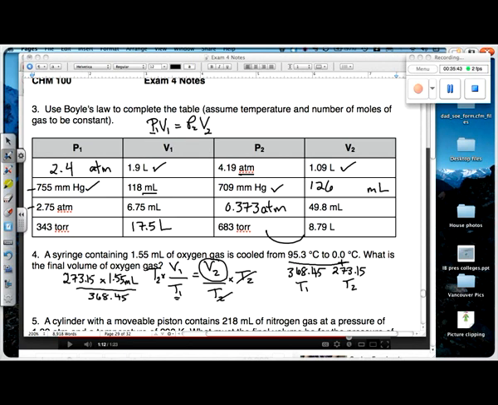And that will equal V2. Another way to do it would be to cross multiply and divide, we would have gotten the same result. So 273.15 times 1.55 divided by 368.45. And we end up with 1.15 as our V2. And it's always good to look at what you got and see if it makes sense, okay? And that's milliliters. So we cooled, and these are directly proportional, so the volume should have decreased, and it did.